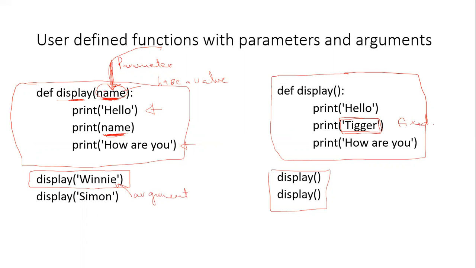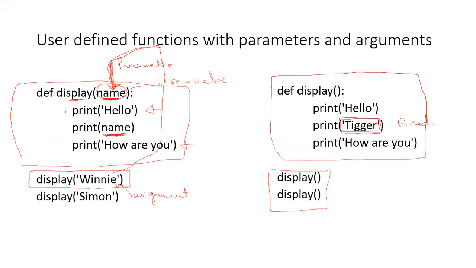And that is your parameter. So the value of the argument is sent. The value of this argument is sent to your parameter. So I've got Winnie. That's the value. Winnie is being sent to my parameter, and Winnie is now stored in this parameter called name.